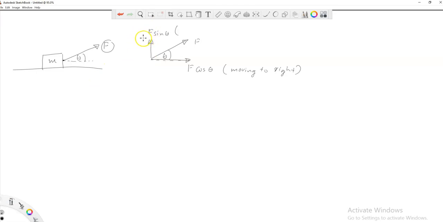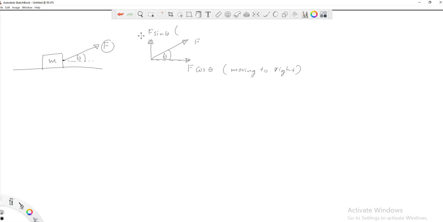Now if the lifting force is big enough, if it is bigger than the weight of the object, it will raise it off of the ground. Otherwise it won't do anything. The object will still remain on the ground and will continue to move to the right. So F sine theta is kind of going to be a waste over here. It's not doing anything.